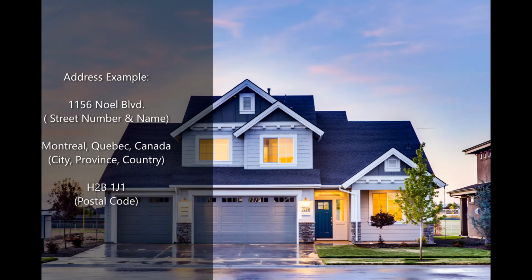For example, as you notice here, I've given an example. Addresses can vary. It depends on the street number, the name, if you're living in a town, province, city, country, it all varies. For example, take a look at this particular example. 1156 Noel Boulevard is the street number and name.